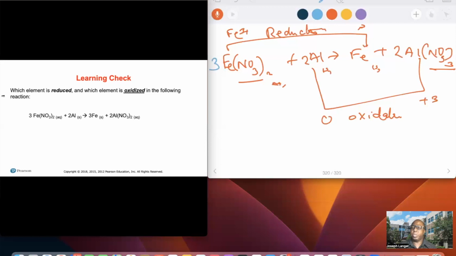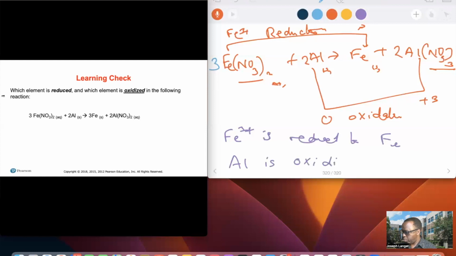Which element is reduced? Fe is reduced, since we are adding electrons.